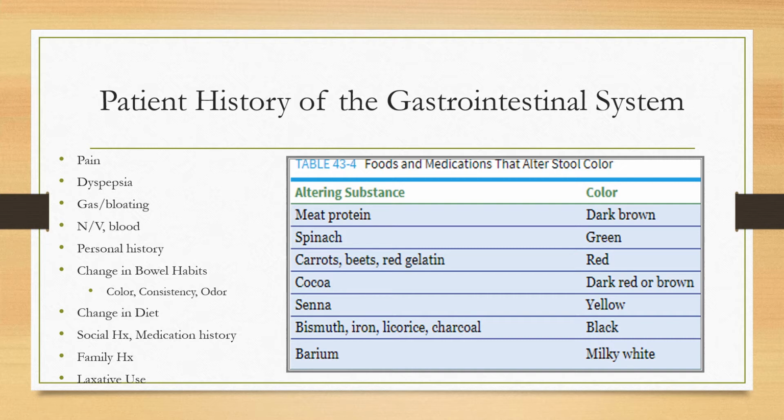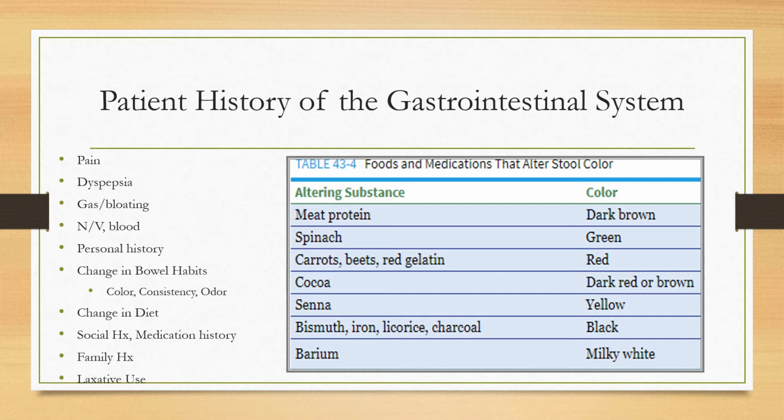On the right, I left this slide. I think it's a bit useful. So, foods and medications that can alter the stool. Meat can make the stool dark brown. Why? You get more bile secreted, right? In order to digest the fat that's in many meats, you secrete more bile, and bile is what gives your stool that dark brown appearance.